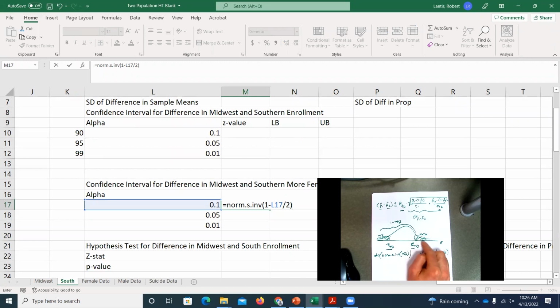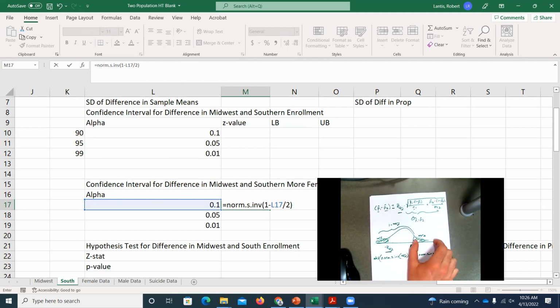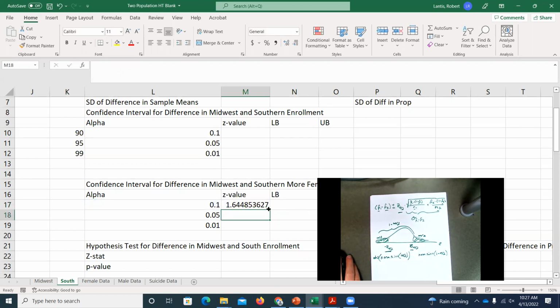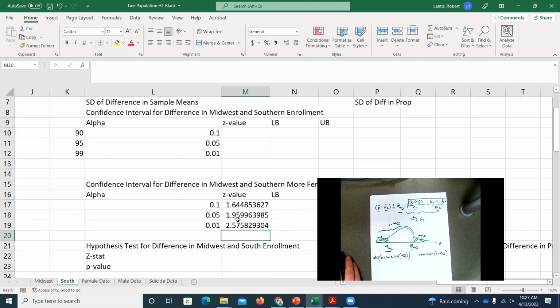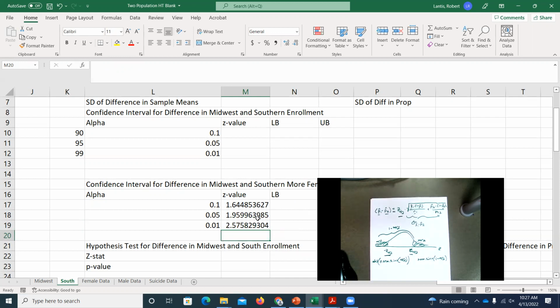I know the area I want in the right tail, which means I know the area I want in that left tail as well. I want alpha over 2 here, 1 minus alpha over 2 over here. So that should return to me this z value. Now when I copy this down, it'll update the cell reference to using the new alpha, and I've got the number of standard deviations away I need to go to build my upper and lower bounds at each of these 3 different confidence levels. Okay.